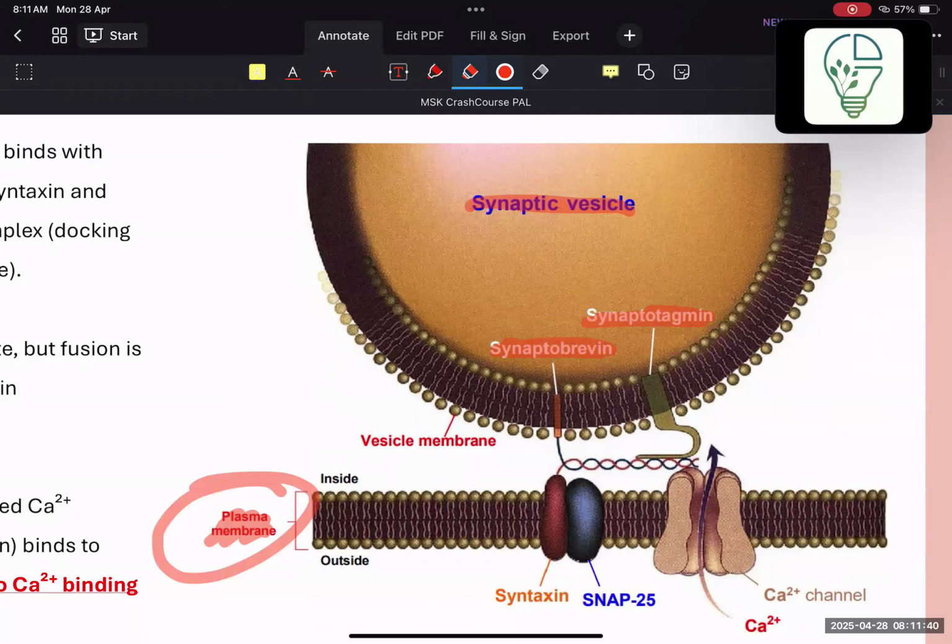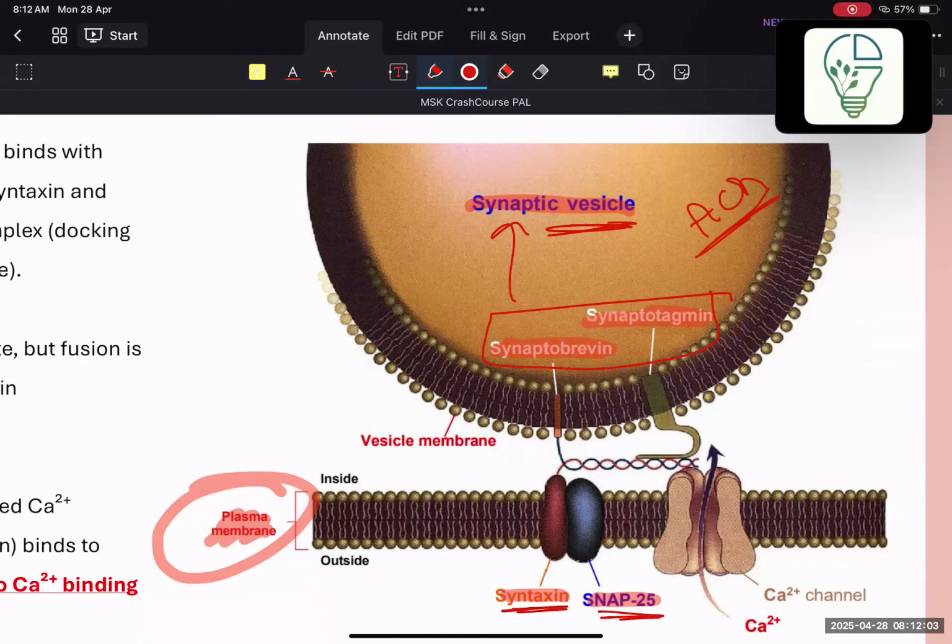What are these proteins called? They're called syntaxin and SNAP25. It's very important for you to know which proteins are found on which membrane. So again, synaptobrevin and synaptotagmin are on the synaptic vesicle, the presynaptic vesicle, the one with the ACH. And on the plasma membrane, you'll have syntaxin and SNAP25.